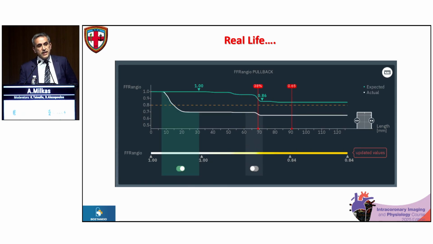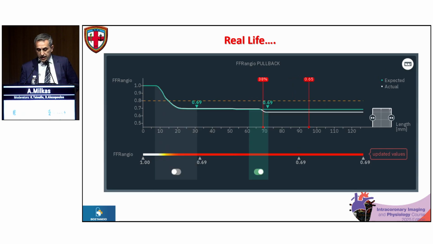So here we can see that if we make a PCI in the proximal part of the LAD, then we will take a value of 0.84, if we just treat the proximal lesion of the LAD. And here you can see that if we just treat the distal lesion of the LAD, then we will take a result of 0.69.